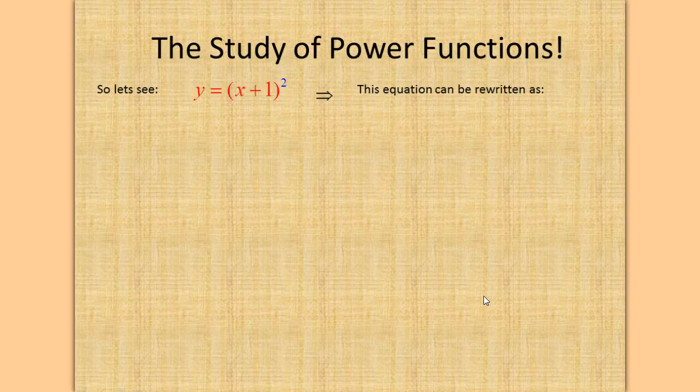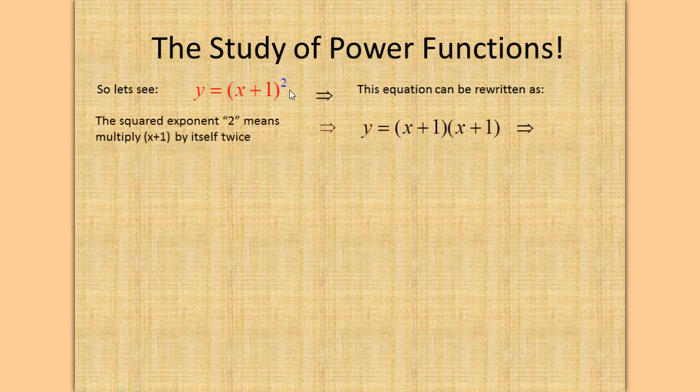So let's see. We have y equals the quantity x plus 1, squared. This equation can be written as, the squared exponent 2 means multiply x plus 1 by itself twice.